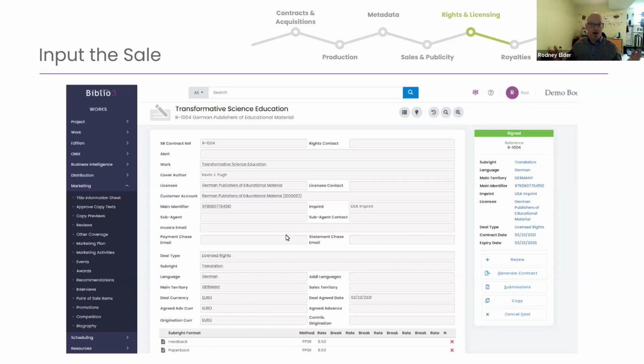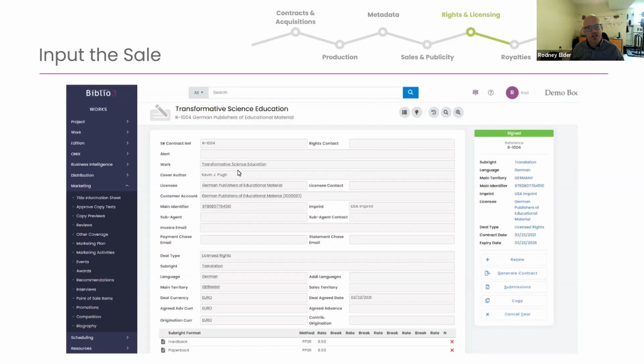Now, anyone who's involved in this particular area knows that this is where the complicated side of the rights and licensing starts. So you do a deal, you then need to track it, you need to record payments in multiple currencies, and you need to chase this deal down for the next 5 years or 6 years or however long that deal is open for.